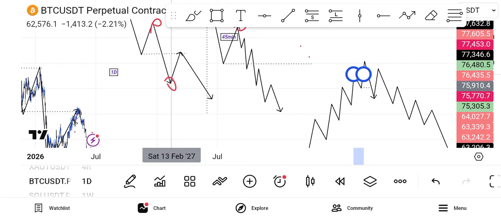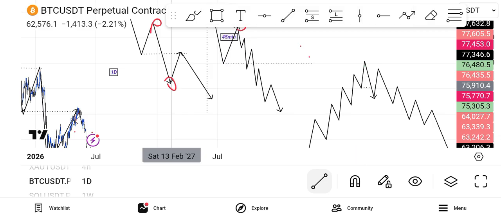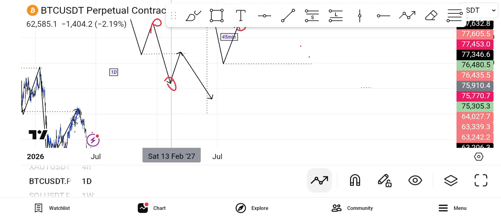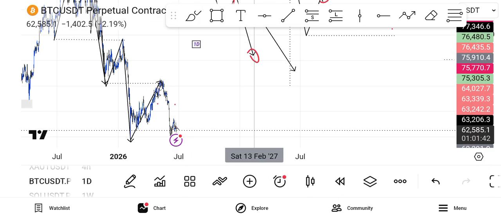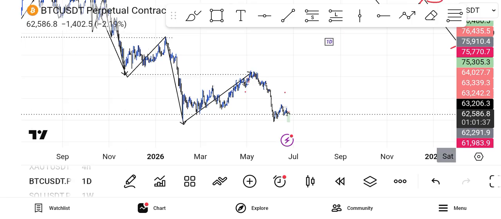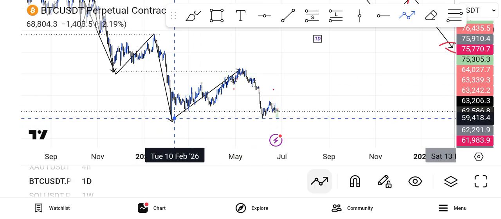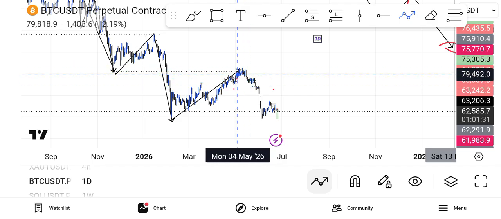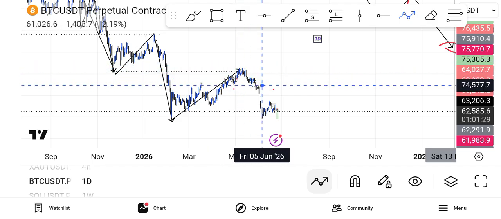So let's just go to the charts. Let's do the chart work so that you understand it more clearly. Having said that we're here, I told you that once we have this expansion and the market taps into our point of interest, this is when we go and look for reversal concepts.